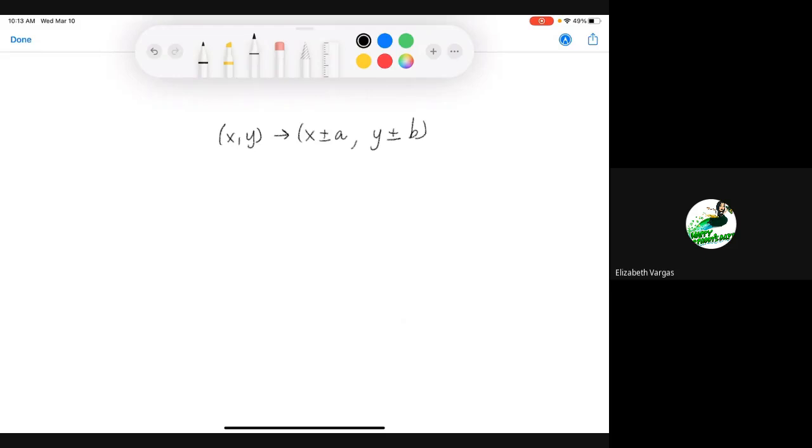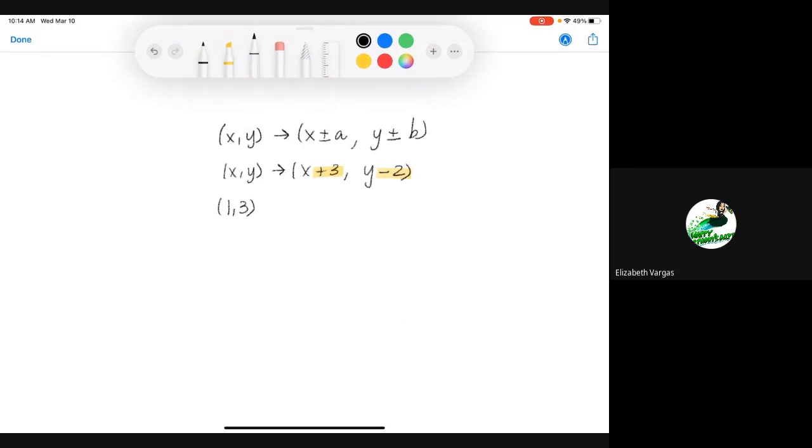So say I start with the original coordinates, 1 and 3. Okay? And then I get the following rule: x plus 3, y minus 2. Well, what is this rule telling me? It's telling me to directly add 3 to my original x and directly subtract 2 from my original y.